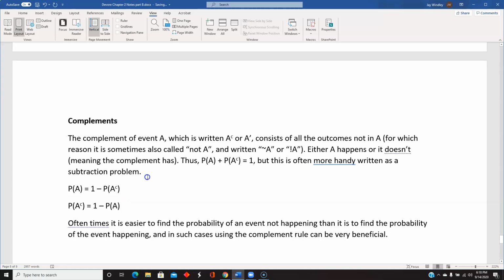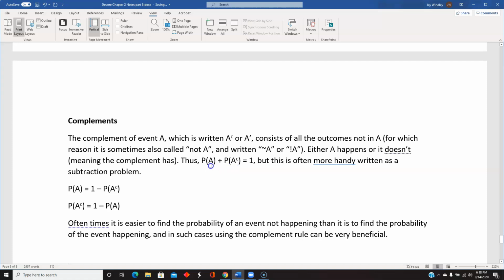And if A doesn't happen, that means the complement has. So sometimes it's the letter A with a superscript C. Sometimes it's A prime. Sometimes it's tilde A, or even bang A, like in computer science, the bang symbol for not. But the point is that either an event happens or its complement happens.